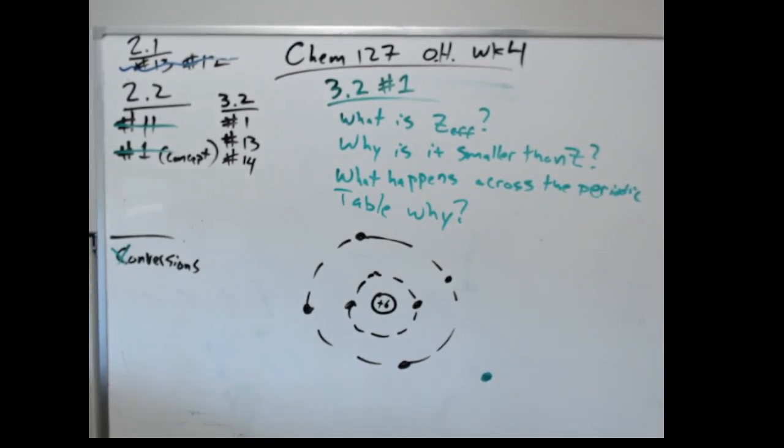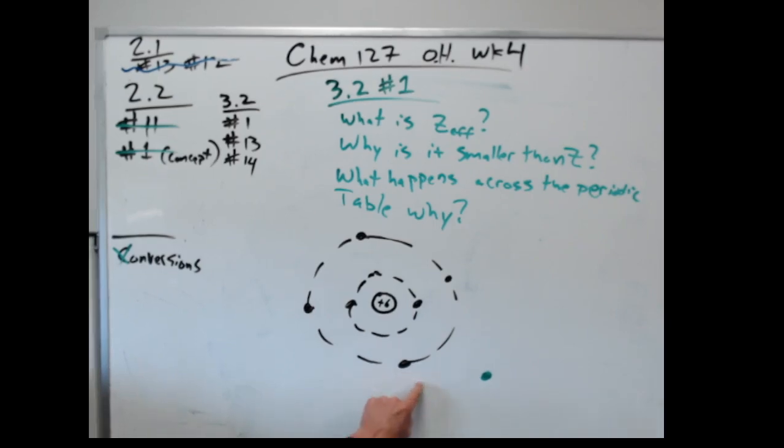If I brought another electron in, would it feel the full attraction of that +6? You're shaking your head no. Why not? Because of the shielding? Yeah, the shielding. What's another way we could say it, with fewer vocab terms, maybe more physicsy? What do we mean when we say there's shielding? What's this electron going to do to this electron?